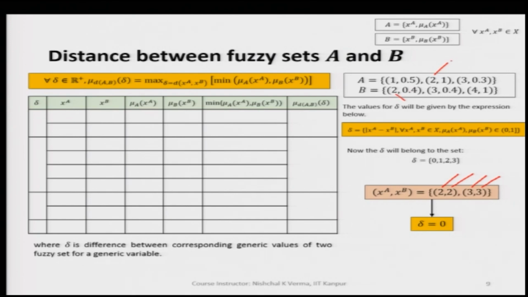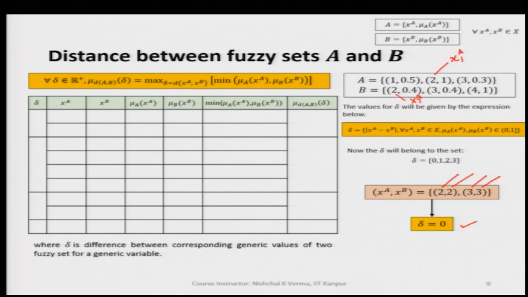So, this is the generic variable, this is my x A, I can write here as x A 1, and here I have x B 1, and this value is going to give us delta equal to 0.